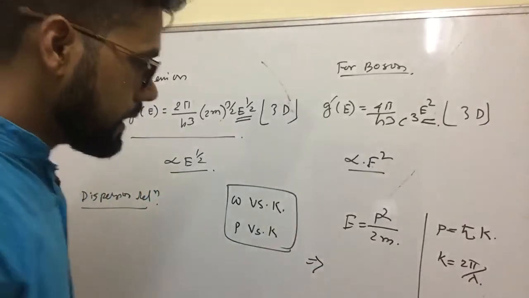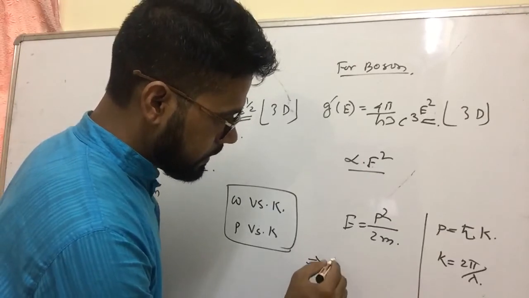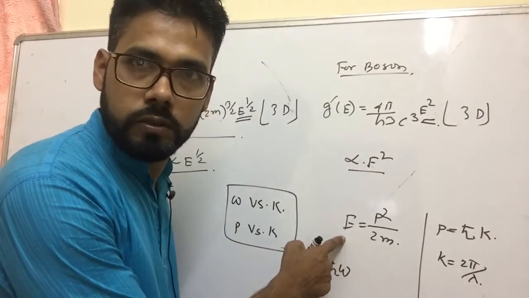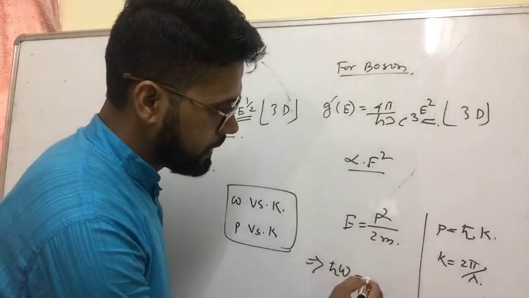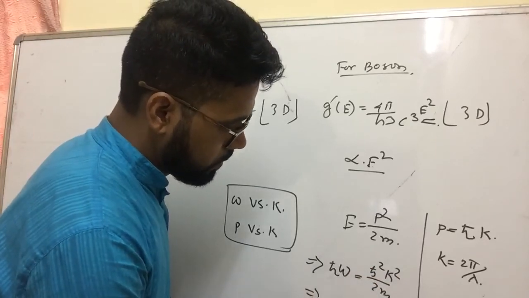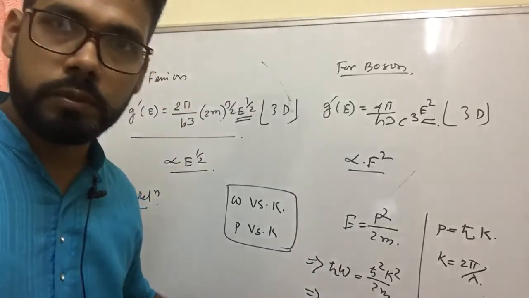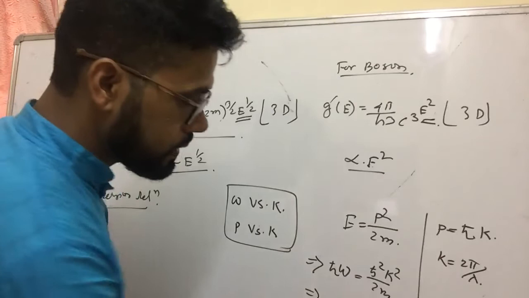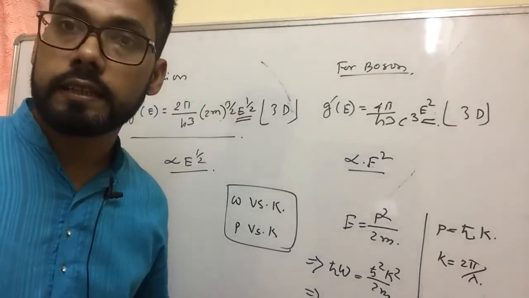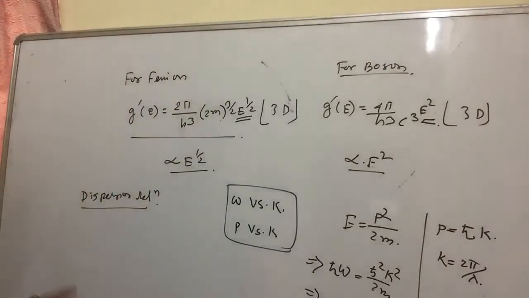Now if I put E equal to h nu, you can say h-bar omega, which means the energy of the photon, and E equals h-bar square K square by twice M. This means omega is proportional to K to the power 2. This 2 is called the S value; S means the power of K, an integer value.